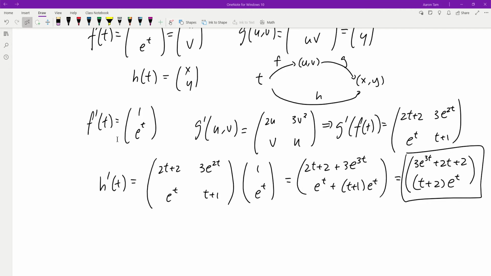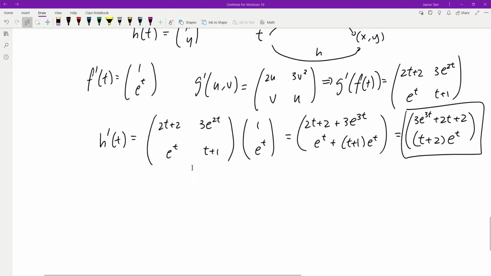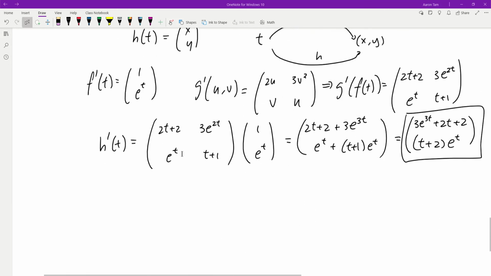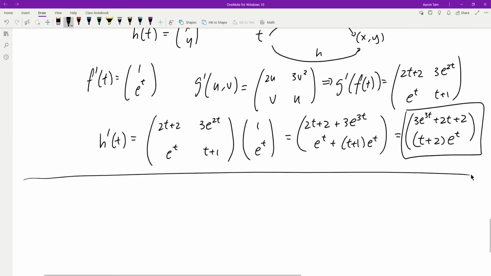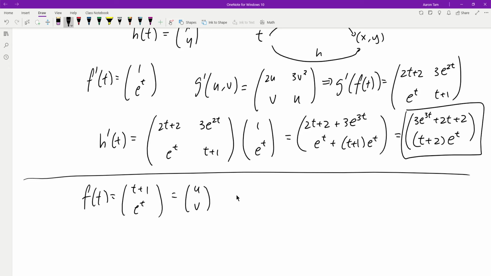So let's try to take apart what's happening. I'm going to use this example that we did before. We have a function f of t, which is equal to t plus 1, e to the t, which equals uv. We have a function g of uv, which is equal to u squared plus v to the third, and that's equal to xy.